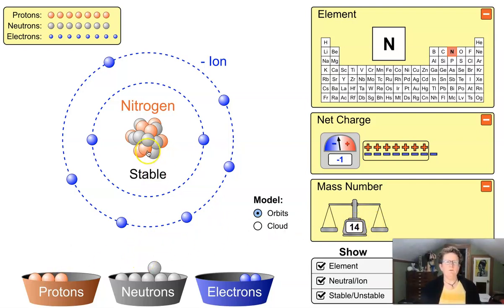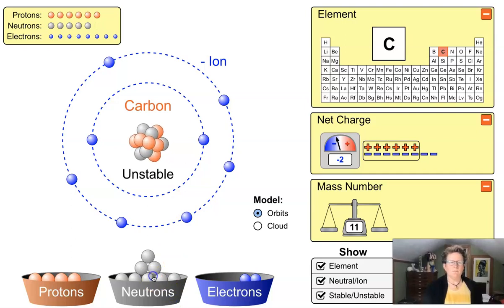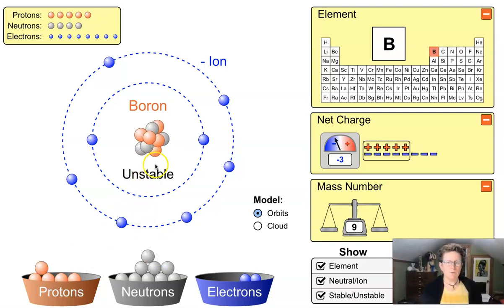If we take out another proton, it changes to another element, and the mass number also goes down by 1. If we take out a neutron, it goes down. If we take out another neutron, it goes down. Take out another neutron, it goes down. If we take out a proton, it goes down.